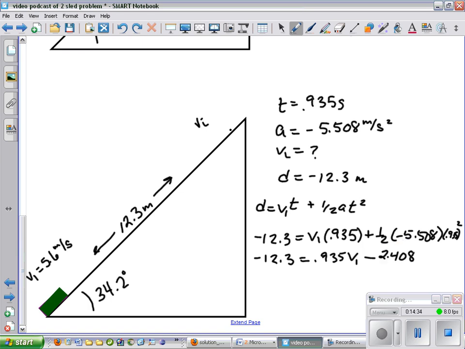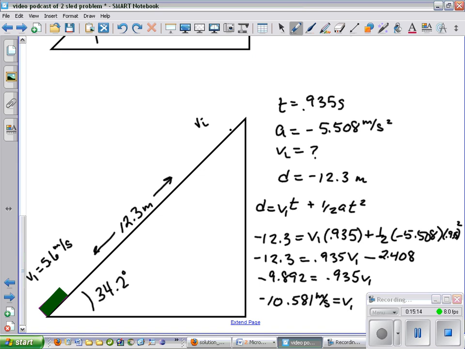2.408. I'm going to add this over to this side because it's negative, so I'm going to add it to get it off the other side, and I end up with negative 9.892 equals 0.935 Vi, and then I divide and I get negative, because there's positive on this side, negative on this side, so it stays negative. 10.581 meters per second equals Vi.